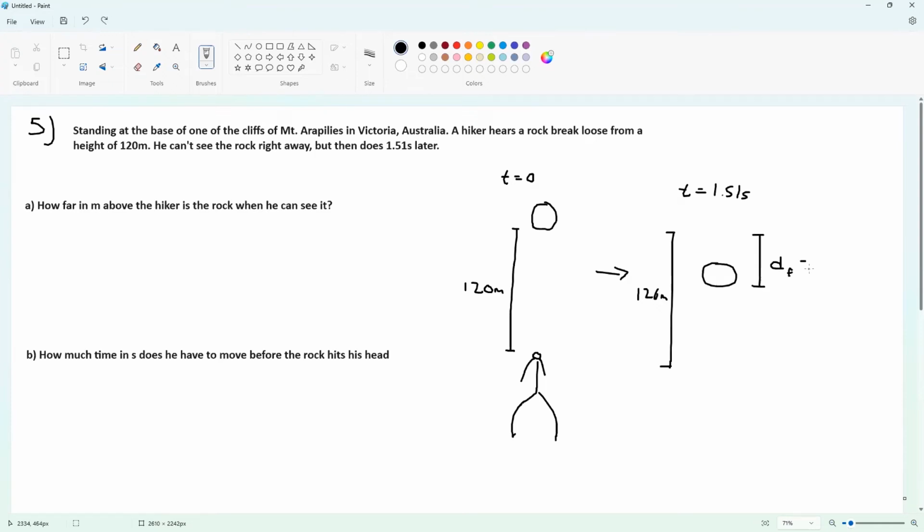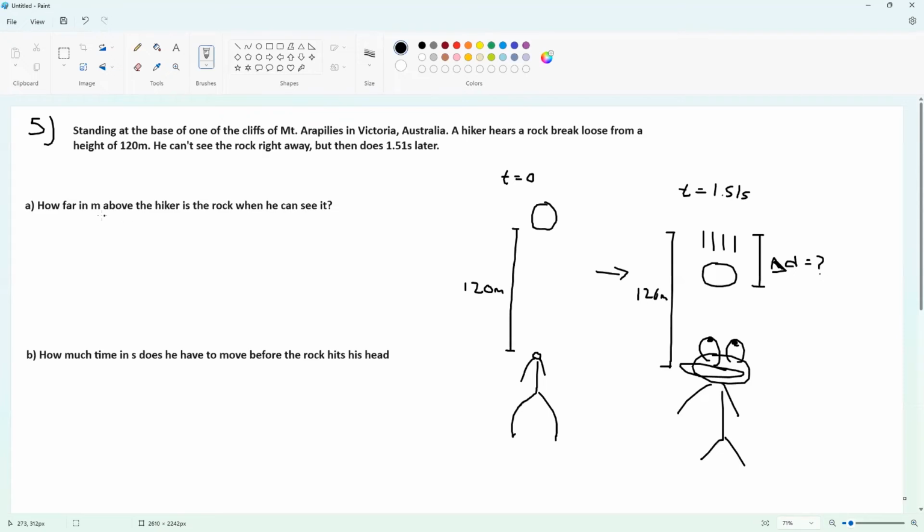Distance fallen, I'm gonna just name it change in distance. It's unknown. And this is the moment where the guy looks up and sees the rock.